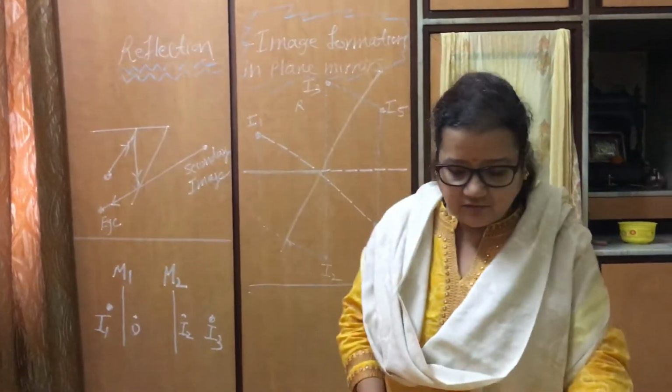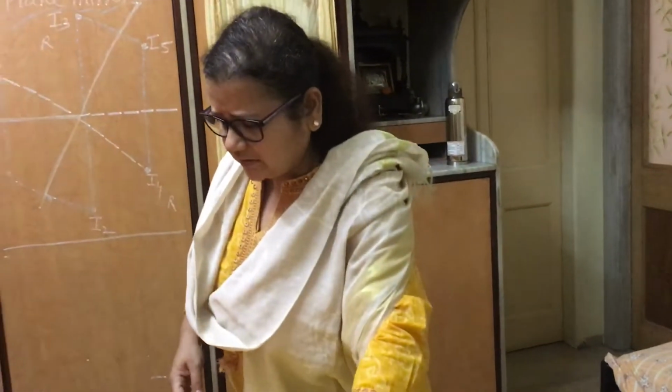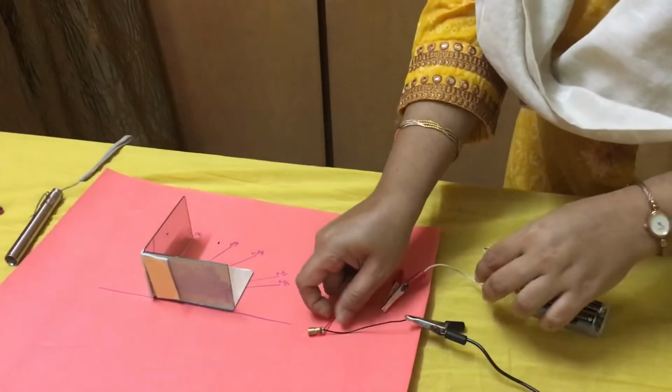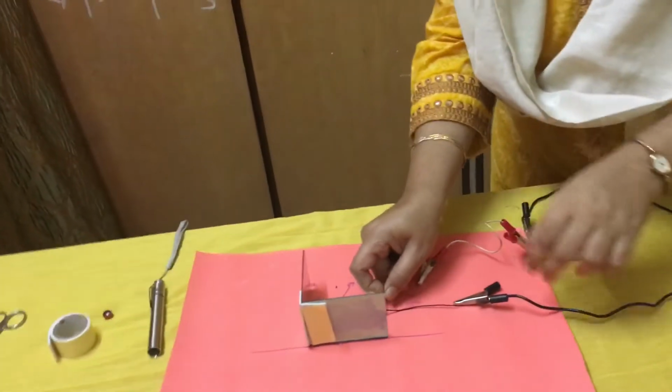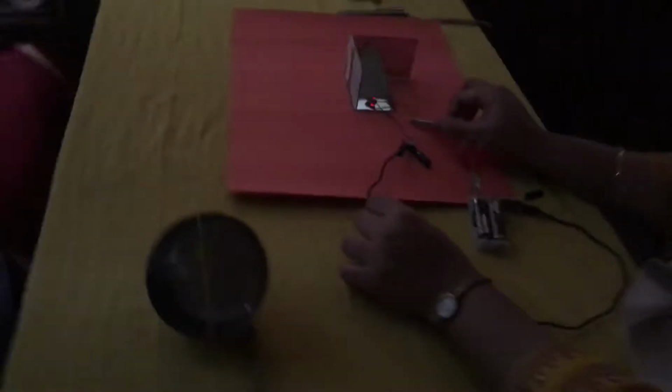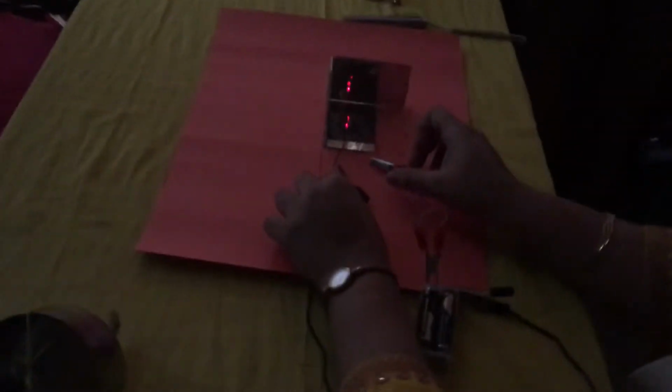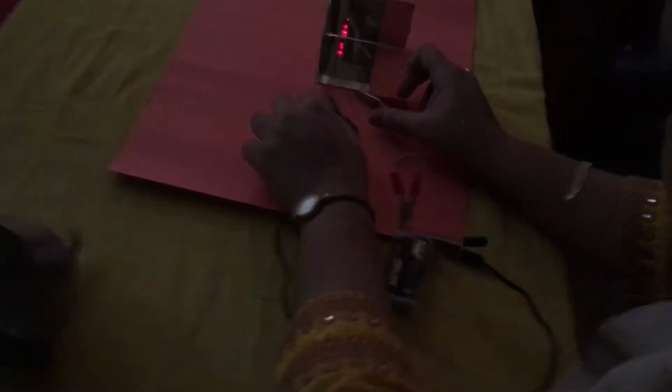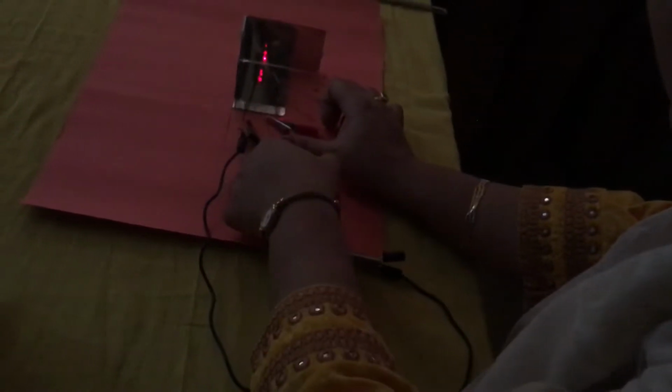Now with these corner mirrors, we would like to show one more property. When you point a laser beam at the corner of this corner reflector, it reflects the light back into the same path.